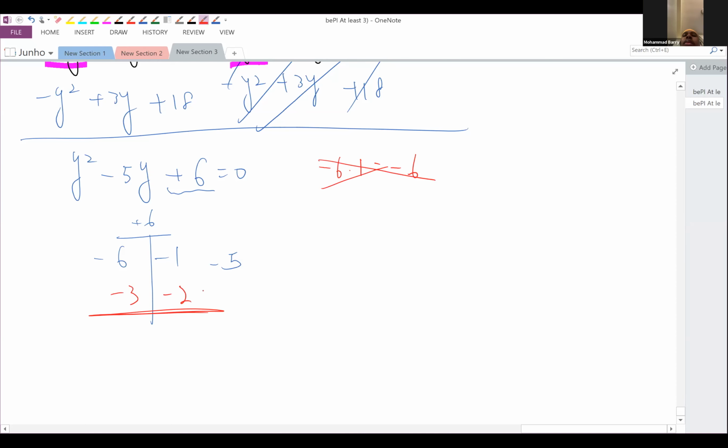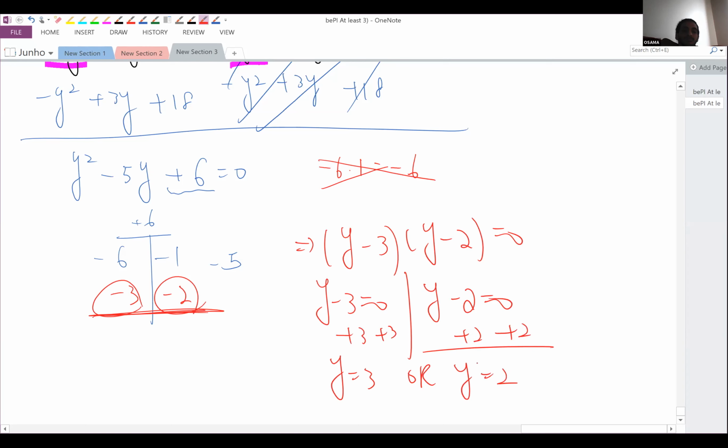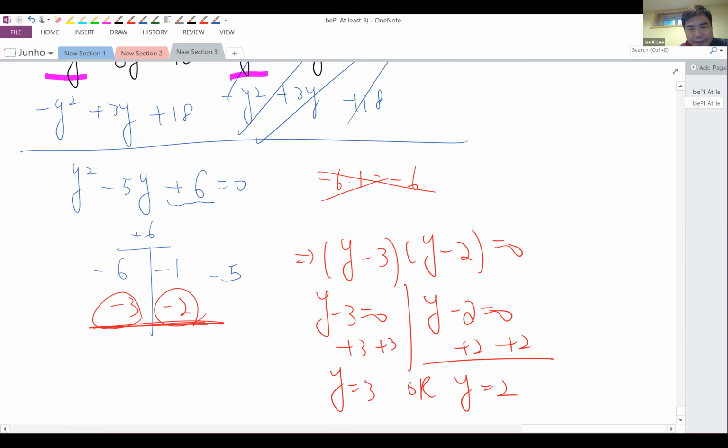Yeah, I agree, because negative 3 times negative 2 becomes positive 6. The sum becomes negative 5. So it becomes y minus 3, y minus 2 equals 0. So y minus 3 equals 0, y minus 2 equals 0. So y equals 3 or y equals 2. Yeah, we get the two answers, but before you circle them, go back.